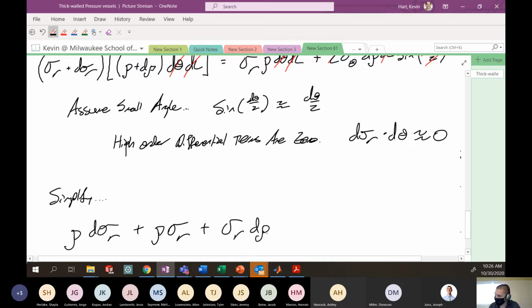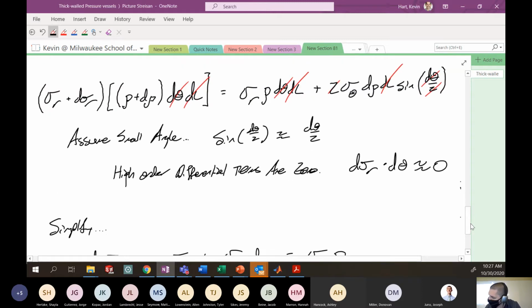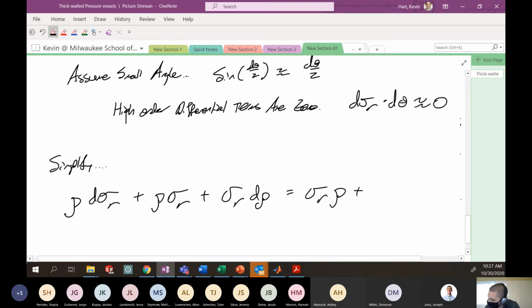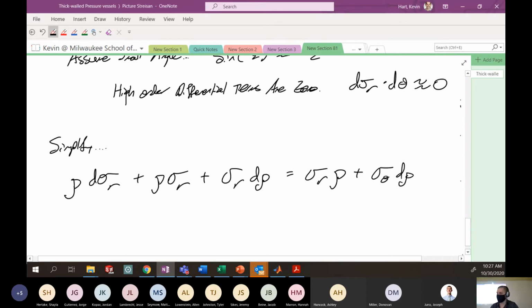Is that right? Yep. This is equal to the right-hand side here. We have sigma r times rho, and we're left with this guy, sigma theta d rho. All right, that's what happens after all of our simplification.